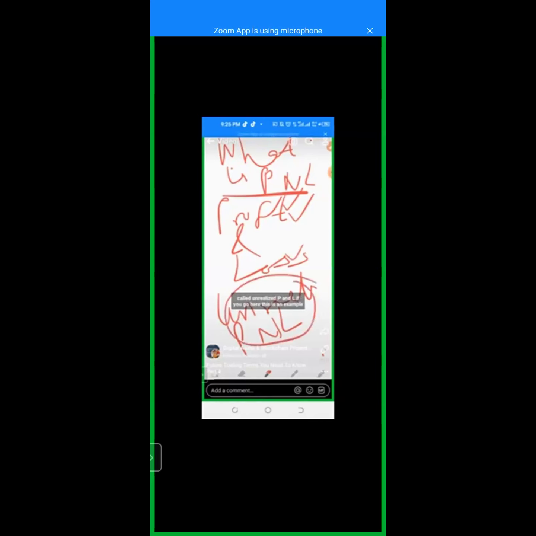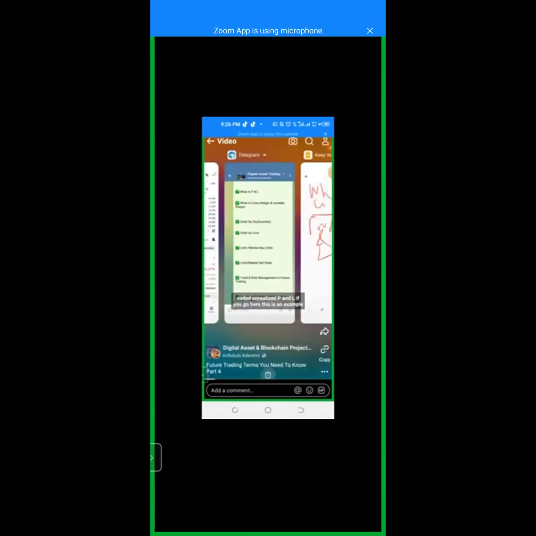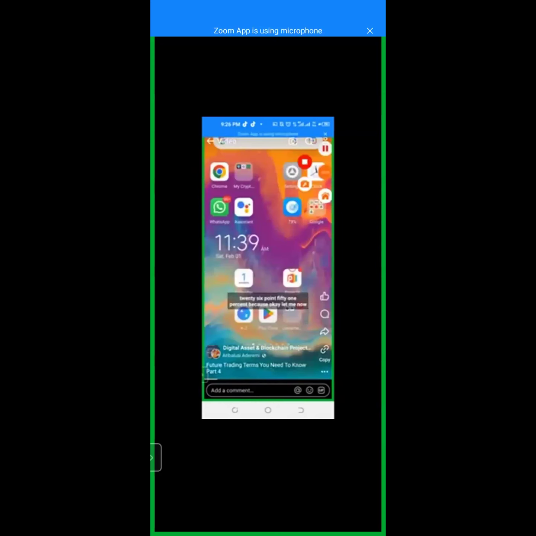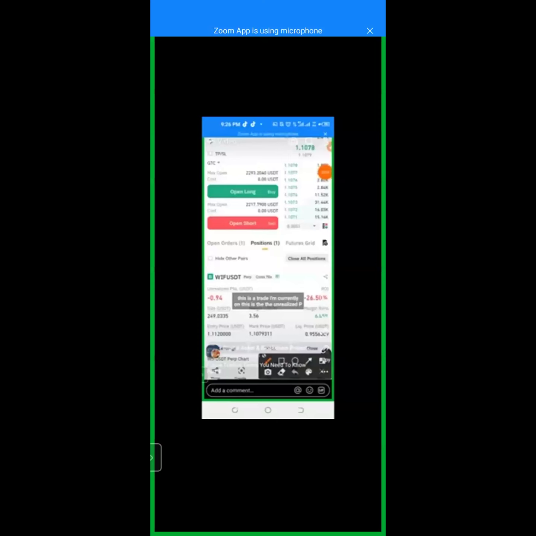If you go here, this is an example of a trade that's ongoing. You are seeing here the unrealized P and L, and the trade is down by minus 26.51%. This is a trade I'm currently on.